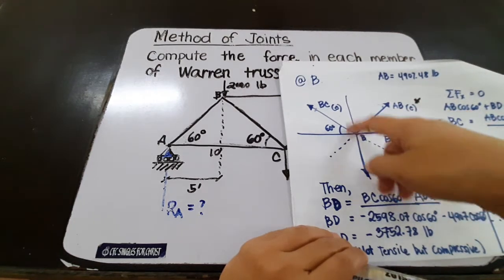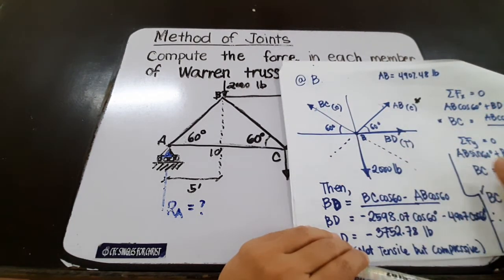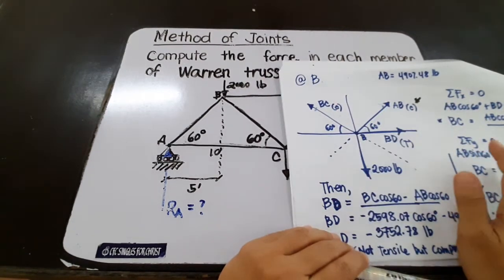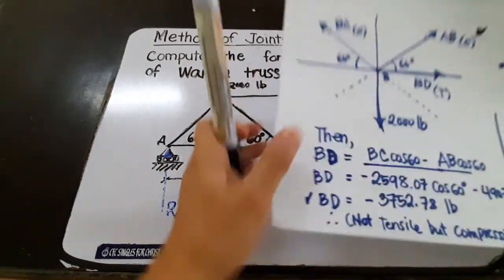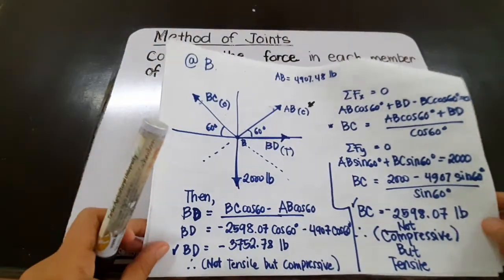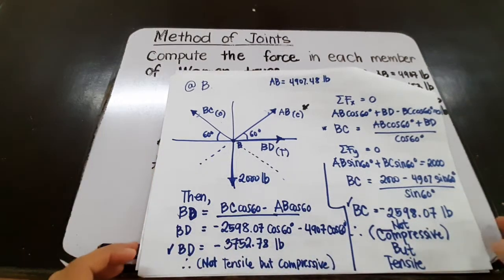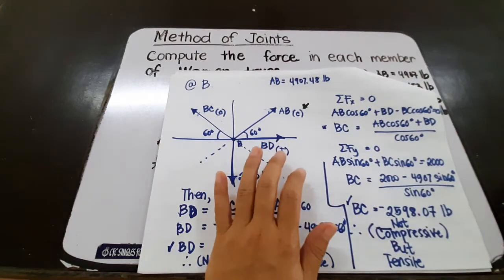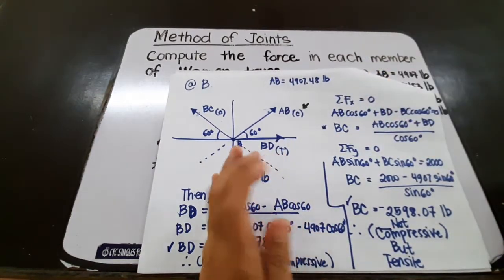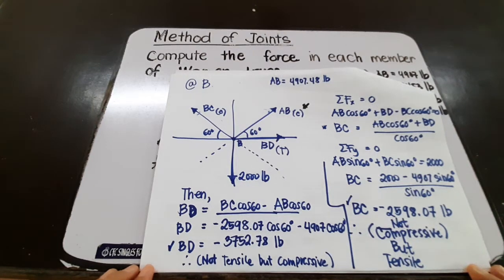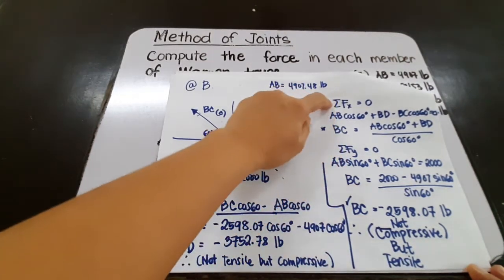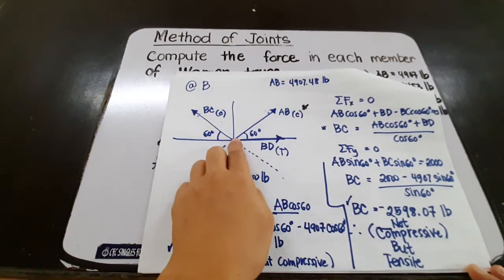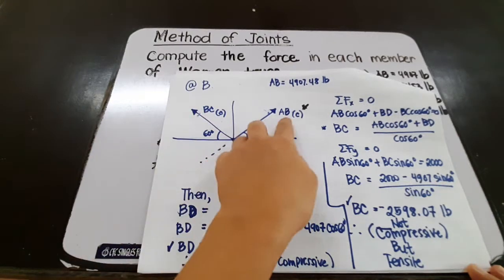If you have assumed differently, then that would produce a negative value for BD and BC, whichever will come, and it should have an opposite direction if we solve for a negative value. So like this example, we solve for the summation of forces along x equal to 0, and that would have BD, BC, and AB.